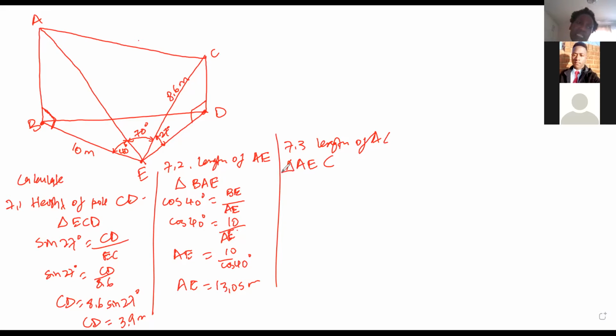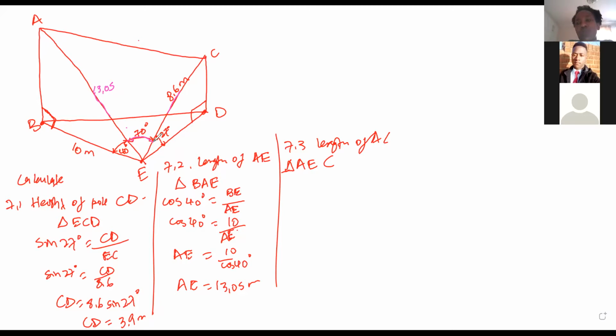I don't see it in any other triangle. In that triangle, we now know AE is 13.05 and this is 8.6. We know angle 70. Which rule do we use when we are given two sides and an included angle?